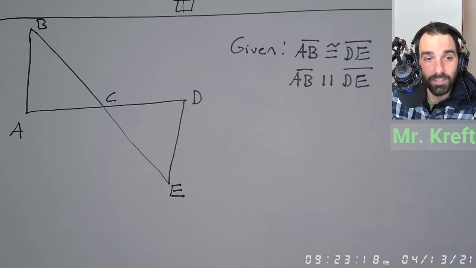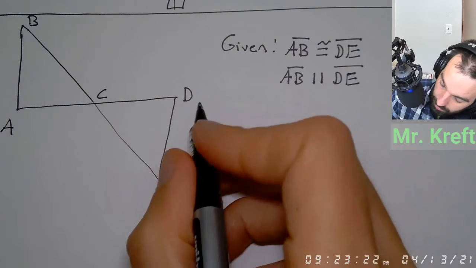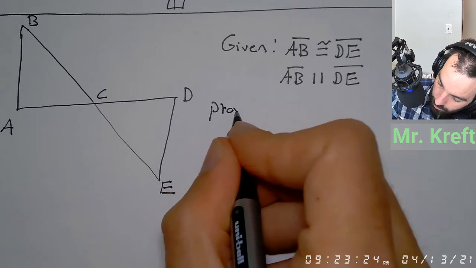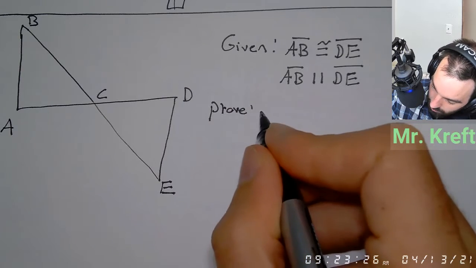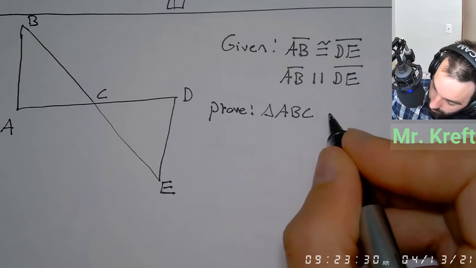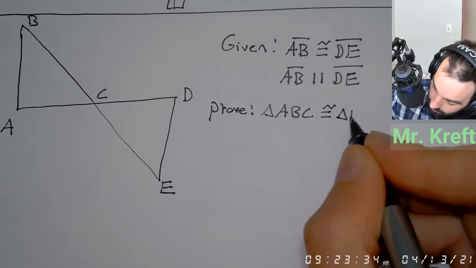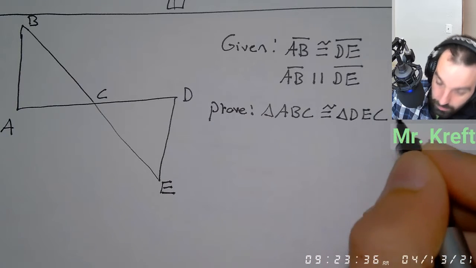Okay, remember parallel just means that they don't cross. They will never cross. And what we're going to do is we're going to prove triangle ABC is congruent to triangle DEC.